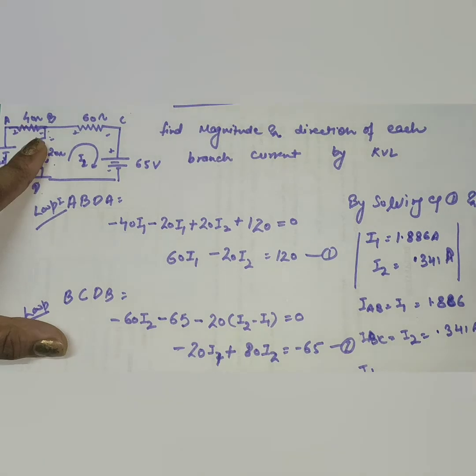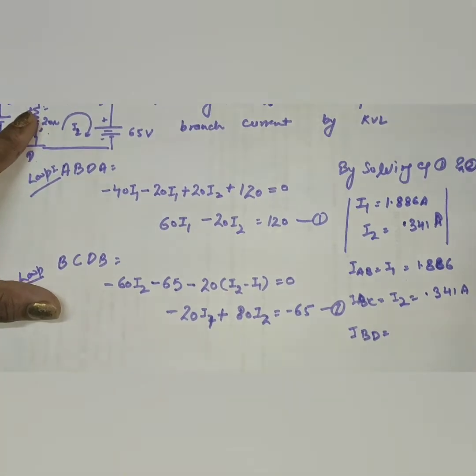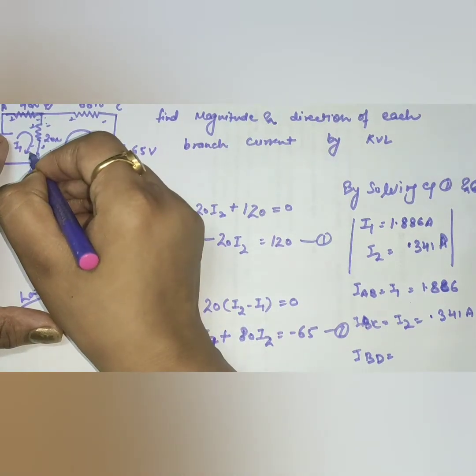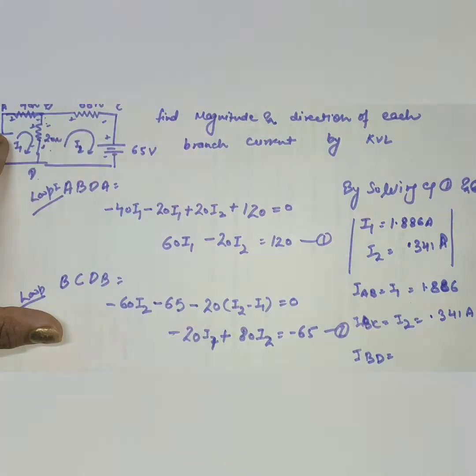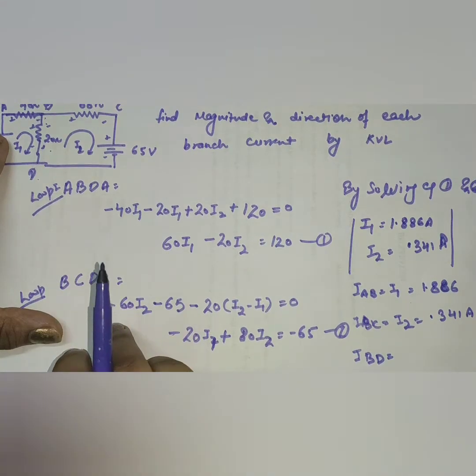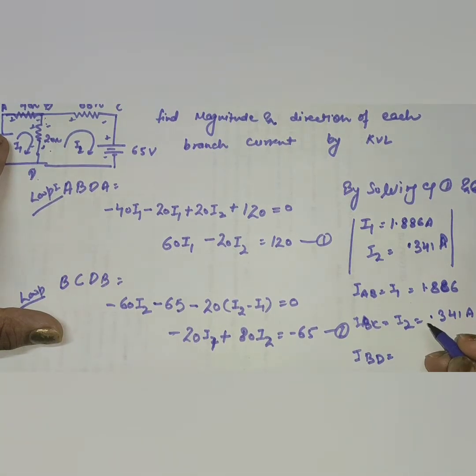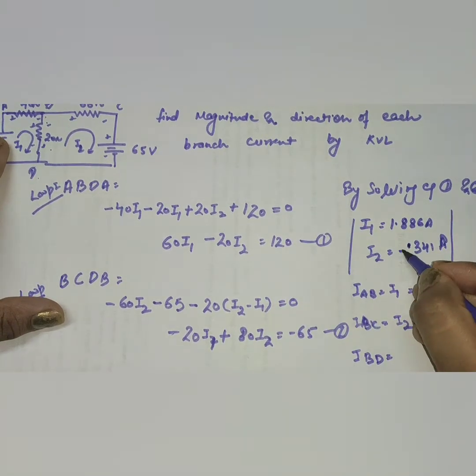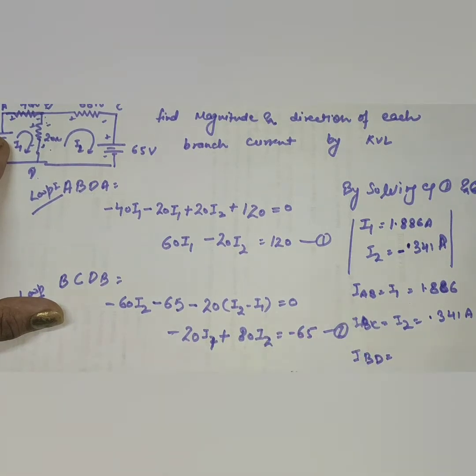For IBD, I1 and I2 flow through it in opposite directions, and solving gives minus 3.41.